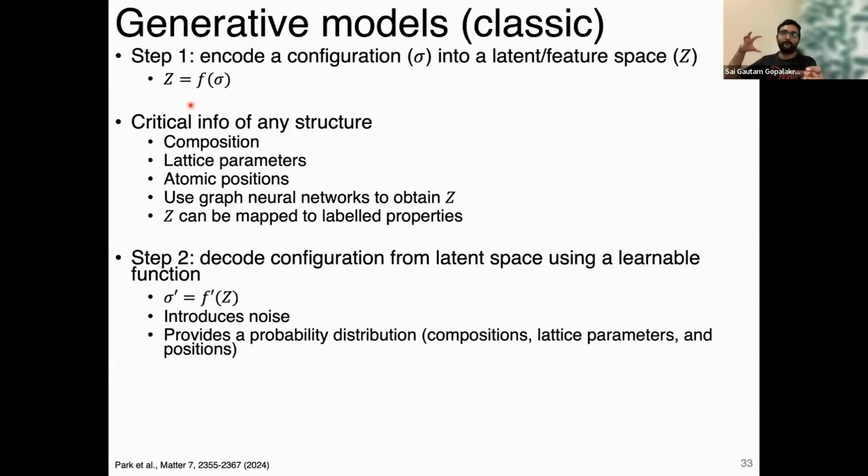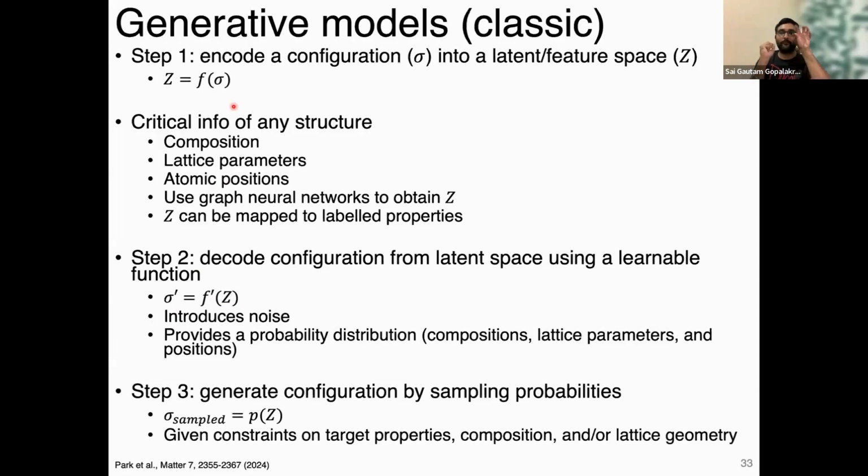Can you generate a configuration from that, right? So that's the second step in any generative model. And this is, once again, something that the model has to learn, right? So given some latent space representation, the model learns this function to recreate a configuration or a structure here. Of course, any model will not be able to recreate back your original structure. So there'll always be some noise, right?